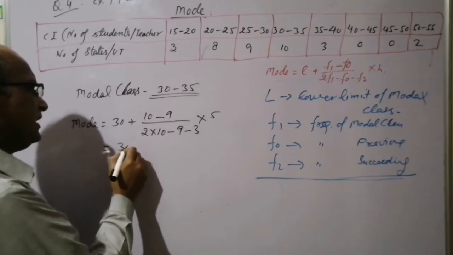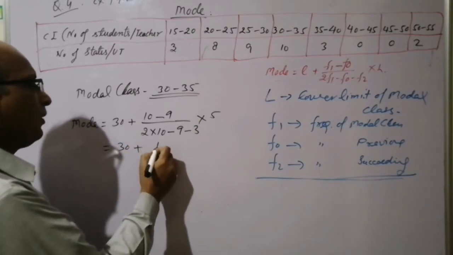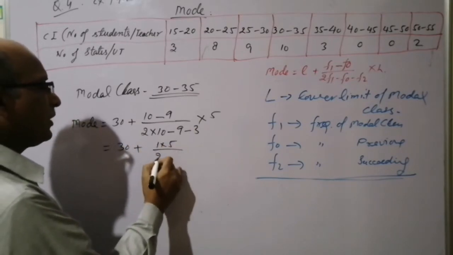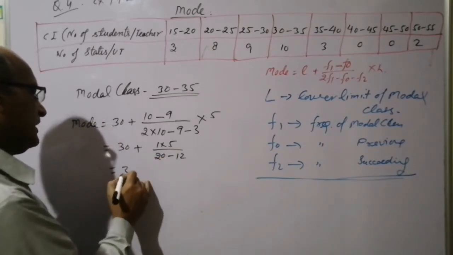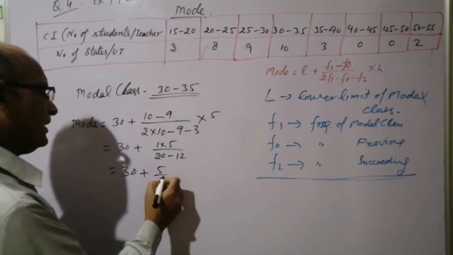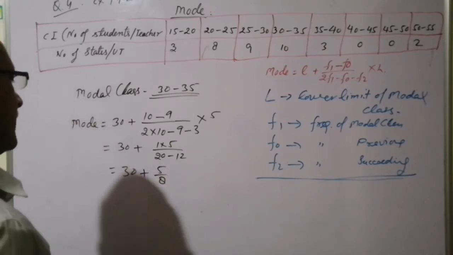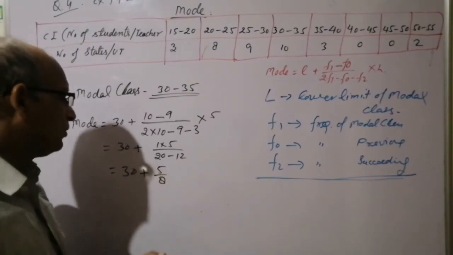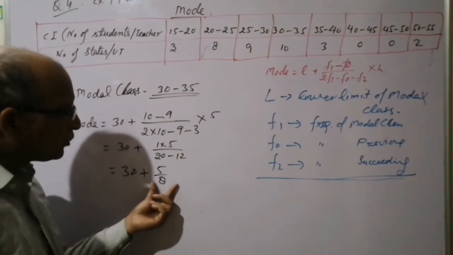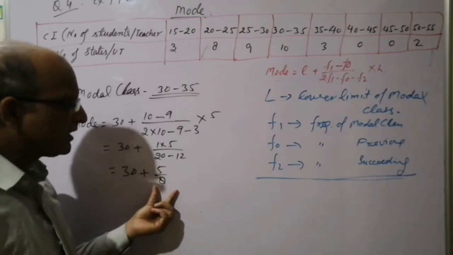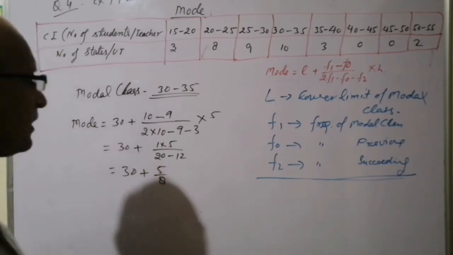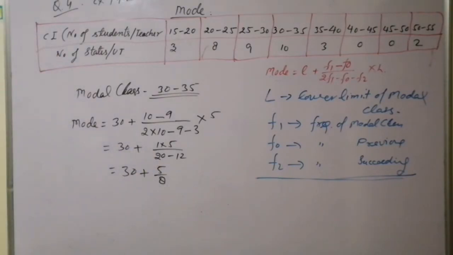So we have 30 plus 1 into 5 upon 20 minus 12, that is 8. 30 plus 5 upon 8. Now simplify it. One more thing for convention: this is to be solved separately. Don't take LCM and solve. Solve it separately. It is not a rule, but for convention we must solve it separately.